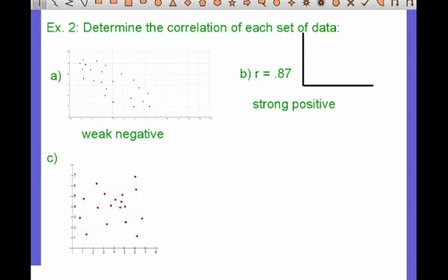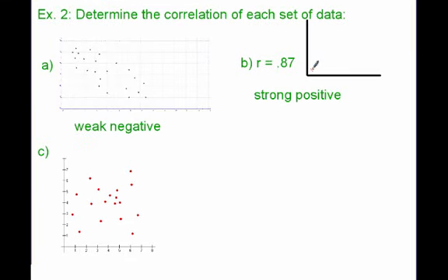If I was to use my r as 0.87, these are not totally in line, but they're pretty close to forming a straight line. All right, we use the fact that we know our correlation coefficient, our r, is close to 1. That tells us that we form pretty close to a straight line.